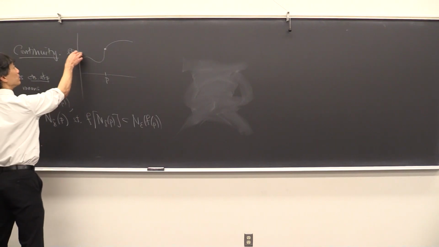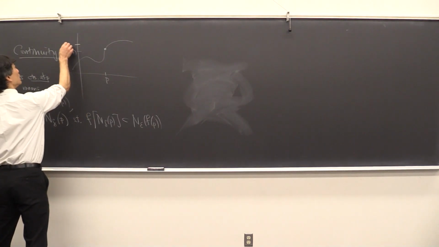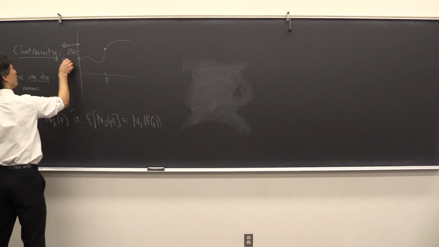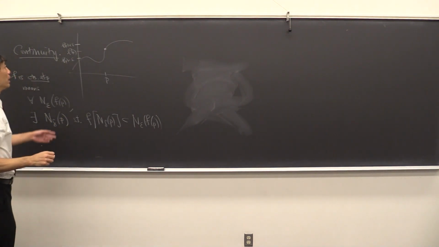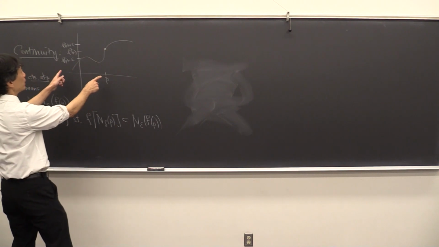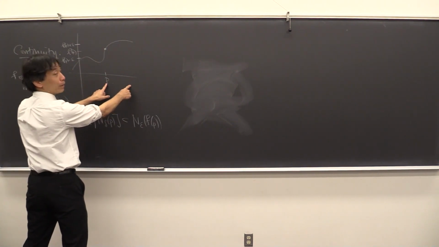Okay, so one picture is like this. Suppose I take my epsilon like this: f of p plus epsilon, f of p minus epsilon. What is my delta going to look like? What if I took a delta like this? Would that work?